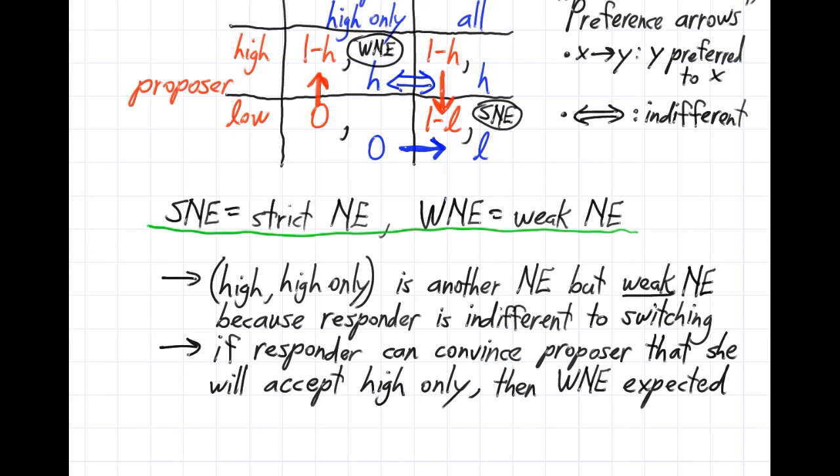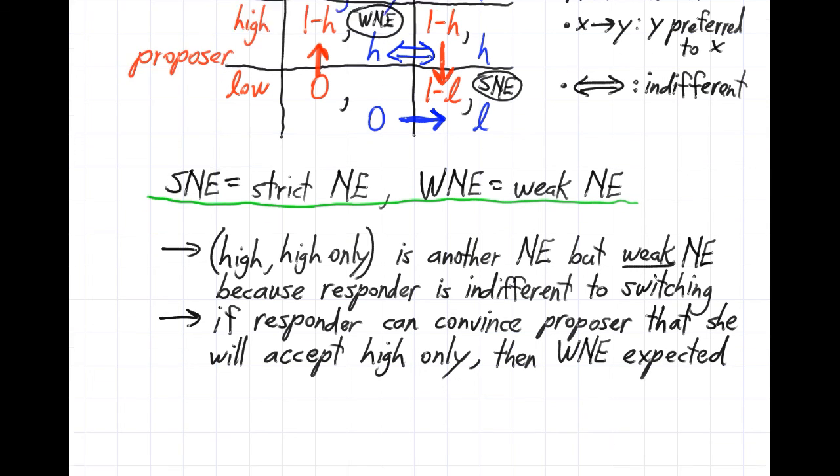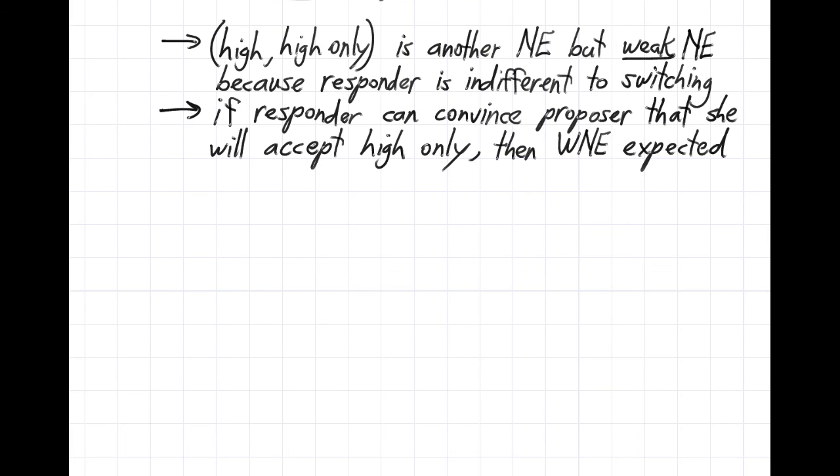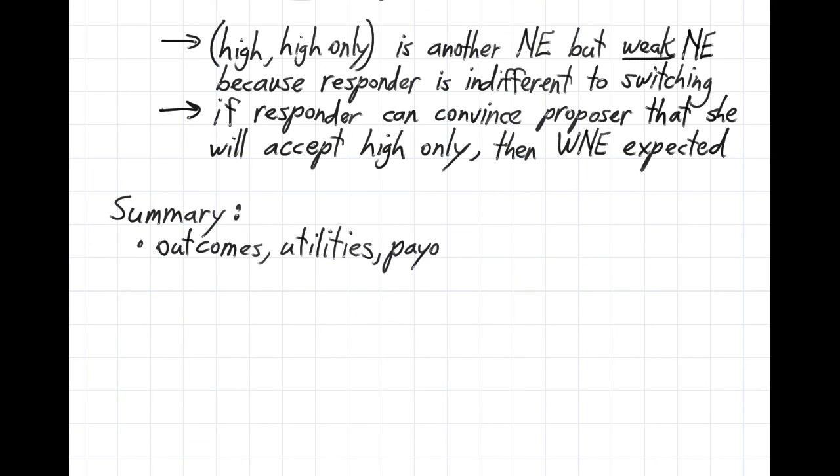Okay, that's all I wanted to cover today, so let's just go over what we did. So we covered concepts like outcomes, utilities, payoffs, and preferences.